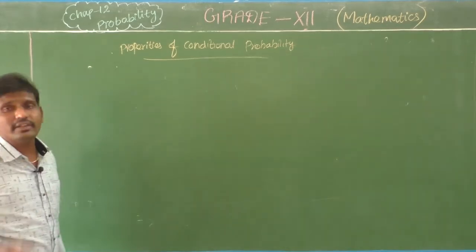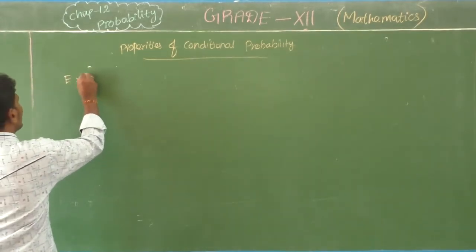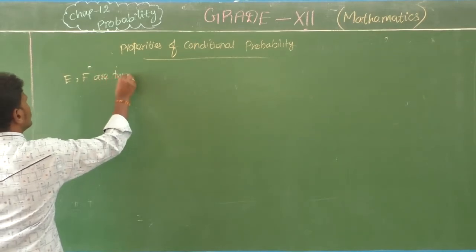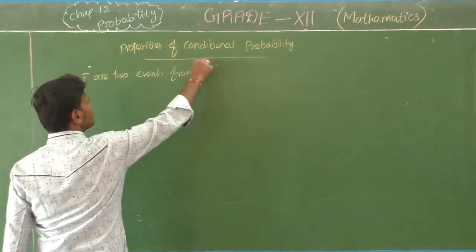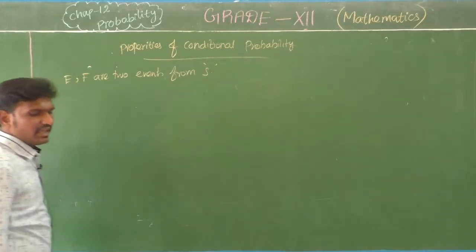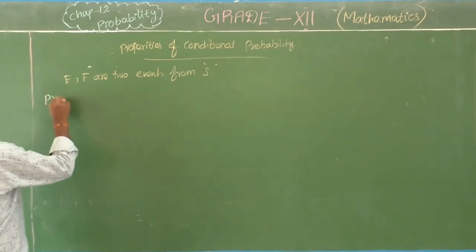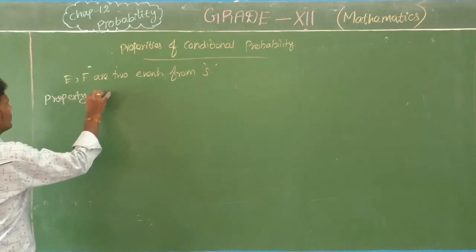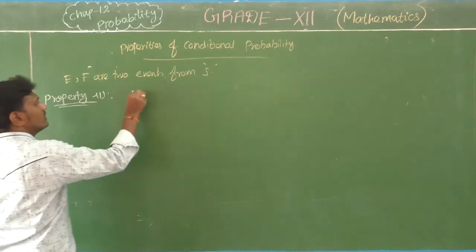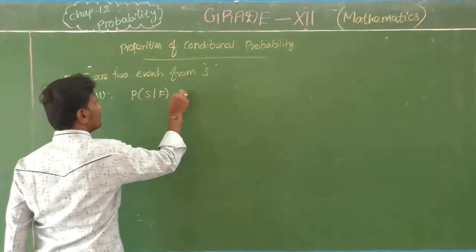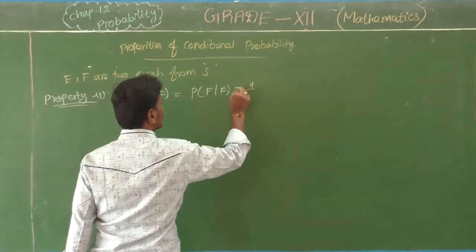S ல இருந்து நம்ம ரெண்டு ஈவென்ட் எடுக்கிறோம்ப்பா, like that. முன்னாடி பண்ணோம்ல அது மாதிரி. Okay. Here E and F are two events from the sample space S. Now we have the first property, that is P of S by F, which is equal to P of F by F, which is equal to 1.